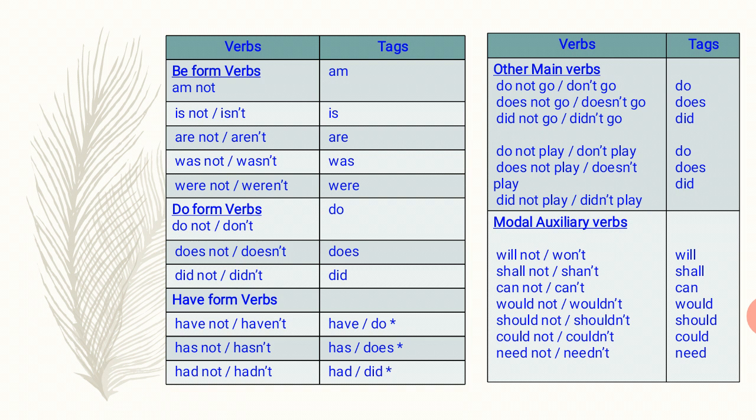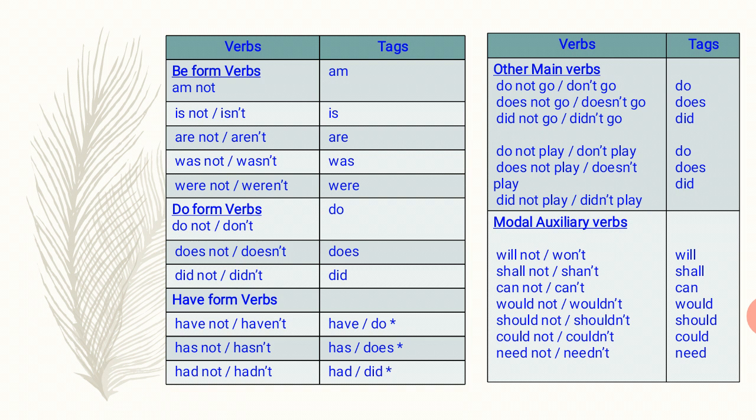And the same thing, I have given you the verbs and tags also, and some other things such as other main verbs as well as modal auxiliaries. Am not, it is tag formation. Am, isn't, is, aren't, are, wasn't, was, weren't, were. Do forms: don't, do, doesn't, does, didn't, did.